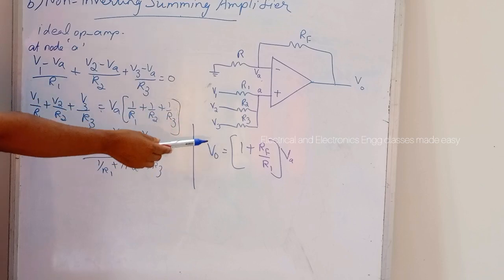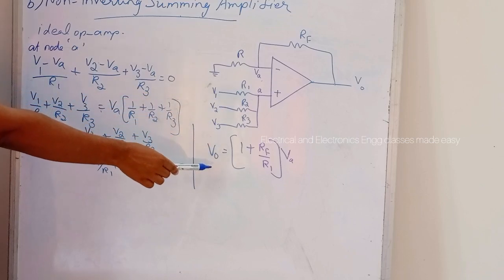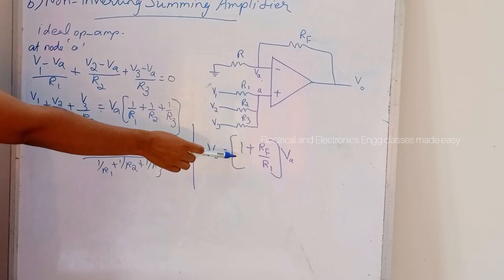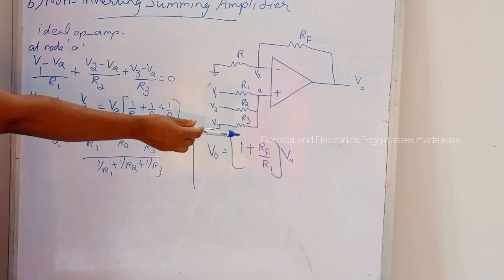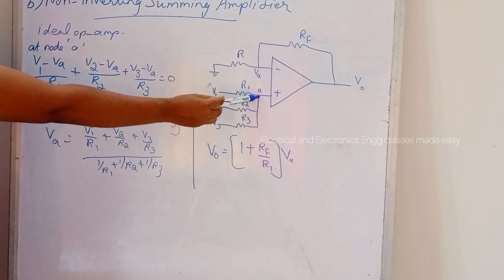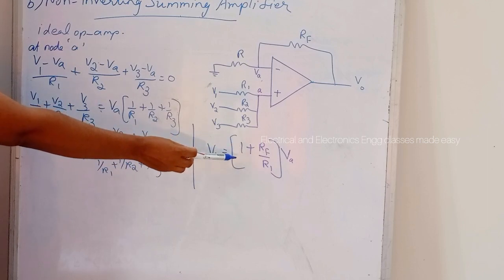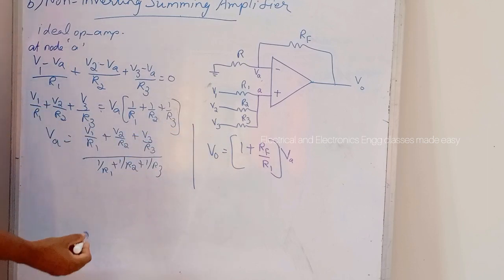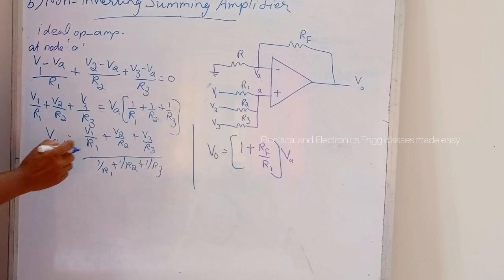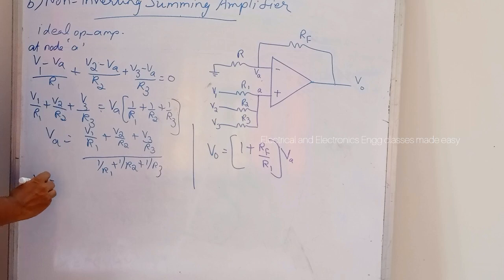In the case of the non-inverting amplifier, we have V0 equal to 1 plus RF divided by R1 into the input. So here the input is VA, and we can write V0 is equal to 1 plus RF divided by R1 into VA. Now we can substitute the value of VA in this equation.